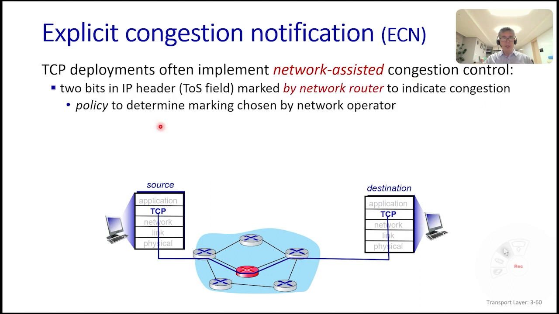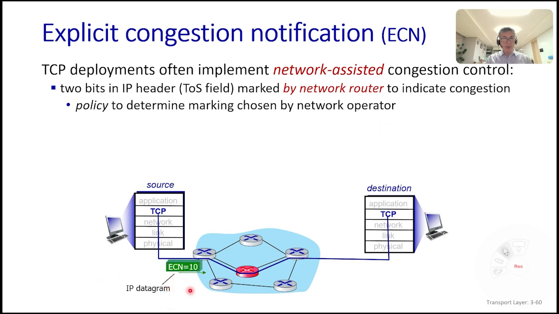Two bits in the IP header, in the TOS field, which is the traffic type for QoS, quality of service, are marked by the network router to indicate congestion. The policy to determine the marking is chosen by the network operator.